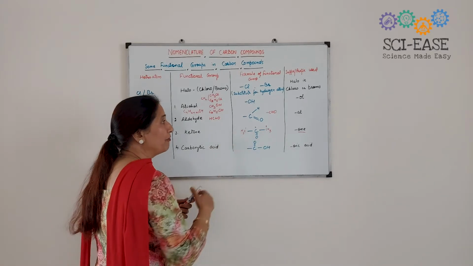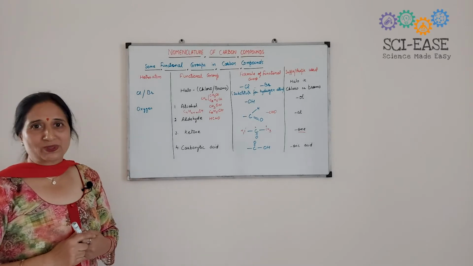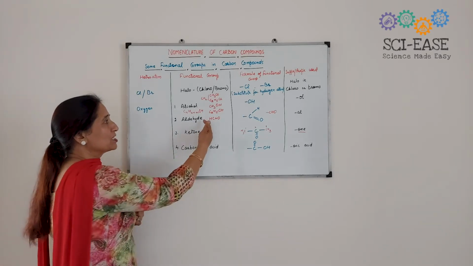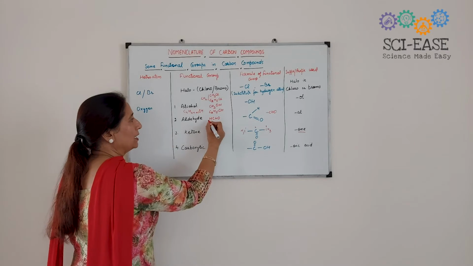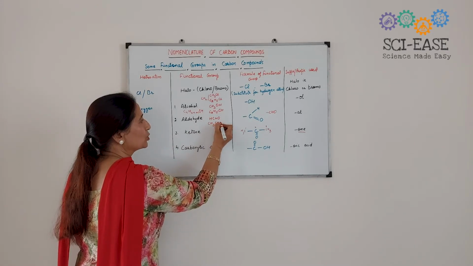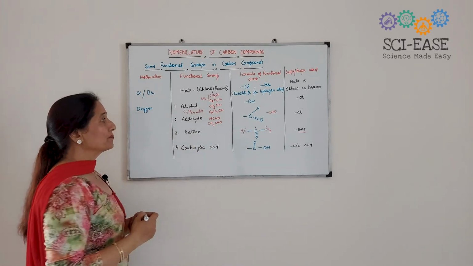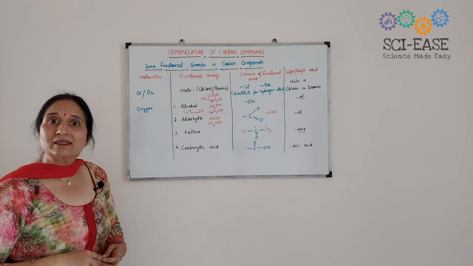So here the first member for the ketones is propanone. Here the first member is methanal, and the second is CH3CHO. It has 2 carbons, so it is ethanal.